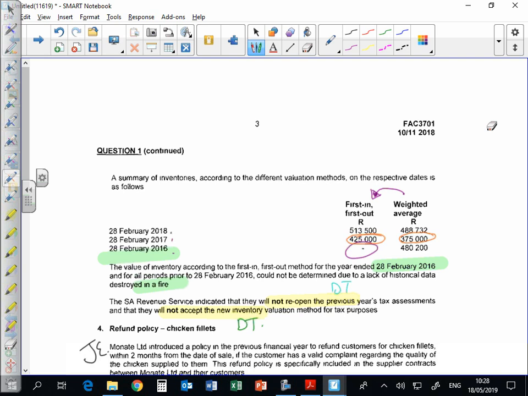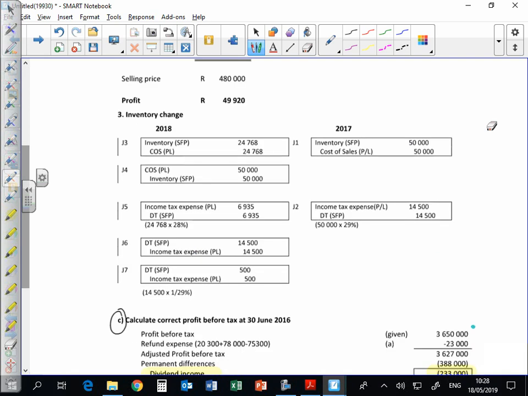Our inventory increased, so we want to debit inventory with 50,000 and credit cost of sales with 50,000. That will have a deferred tax effect, debit income tax expense, credit deferred tax. We are debiting our income tax expense because we are showing the 2017 year. There's no 2016 year. If there were, we would have that retained earnings balance, right? Okay, and that is 14,500.